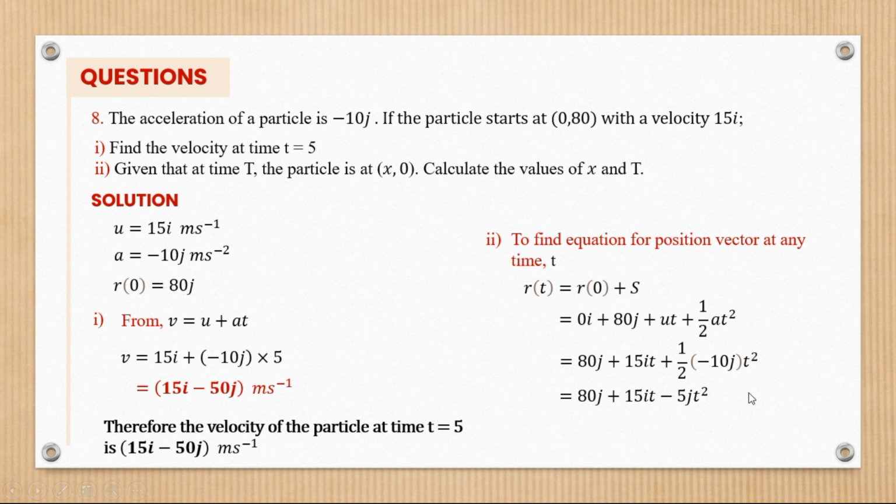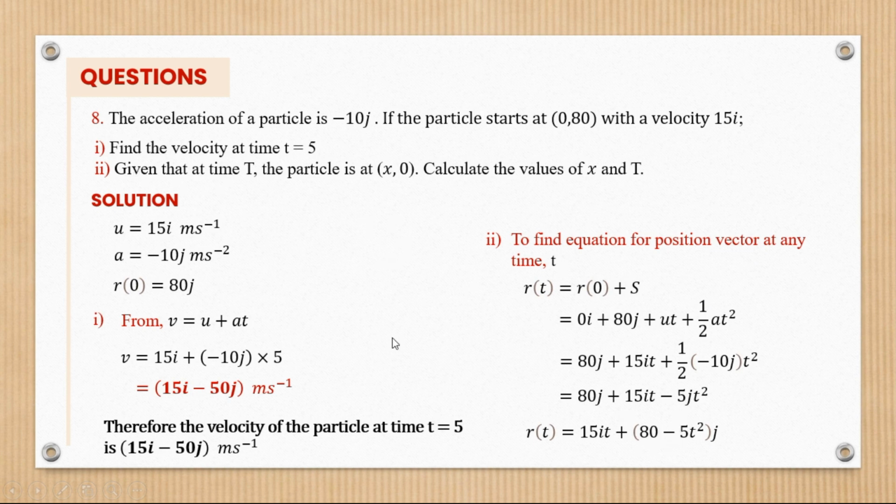Lastly, this is what I'll have. As you can see, these can be combined because they all have j. So I'm going to have 15it plus (80 minus 5t squared)j, as you can see right there. So this is the general equation for the position vector at any time t.